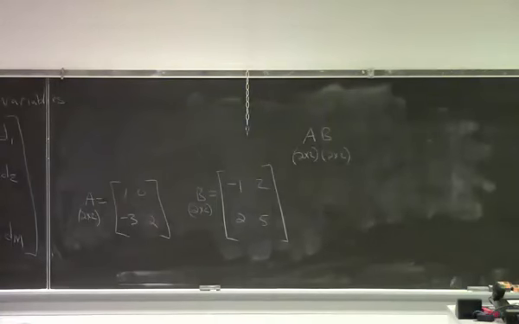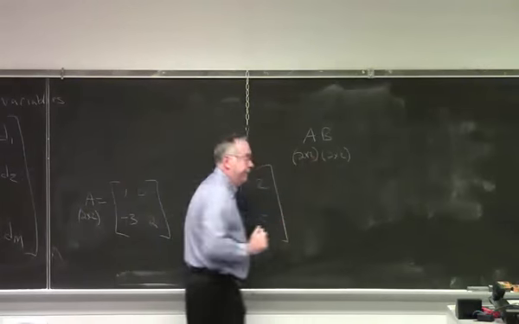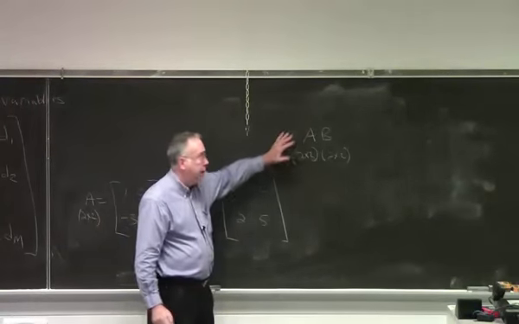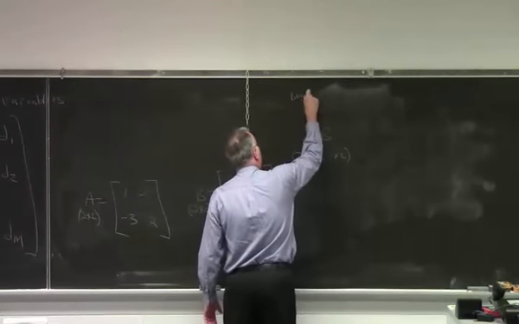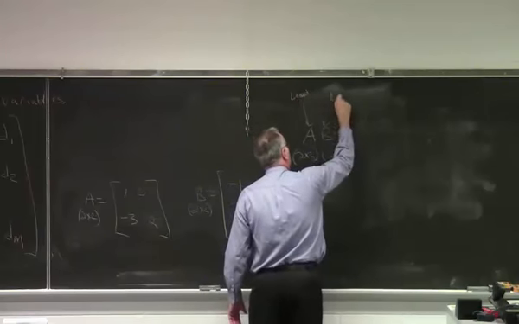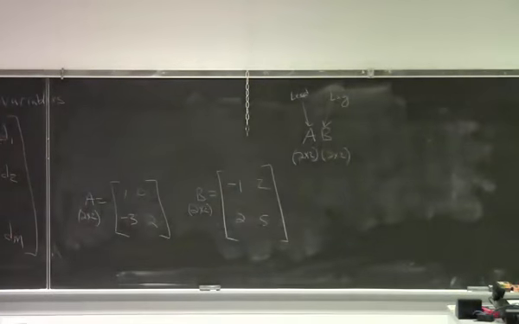The operation is defined only when the number of columns of the lead matrix, A here is the one that comes first, so it's said to be the lead, is equal to the number of rows of the lag matrix.